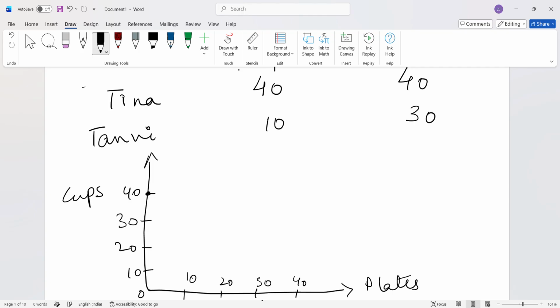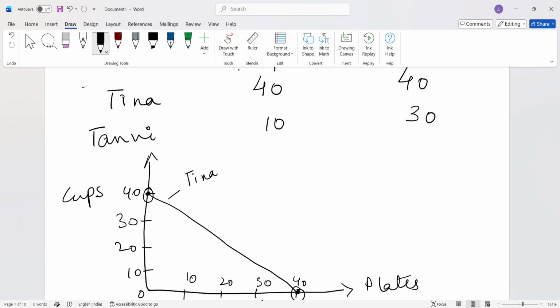If Tina is producing 40 cups, all the resources are being used to produce 40 cups and zero plates are being produced. If Tina is producing 40 plates, then zero cups are being produced. When you join these two points, you get the production possibility curve for Tina. This is your PPC or PPF, one and the same thing, production possibility frontier for Tina.